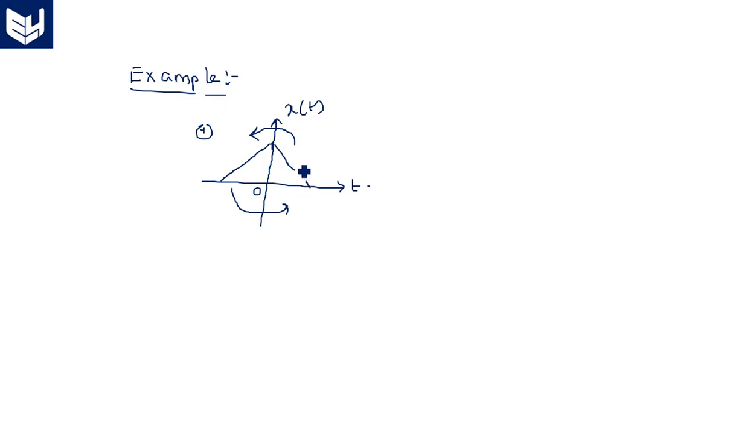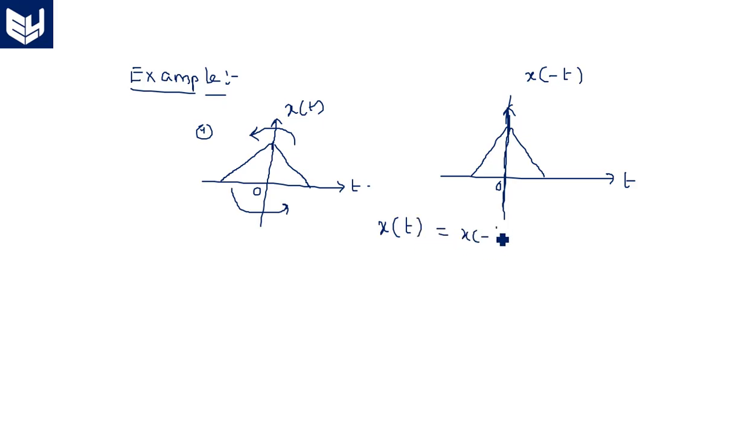Just vertically fold this, then how it appears, this is t and this will be now minus t. Minus t means I'm just folding the signal vertically along this vertical axis. What happens? The same signal appears. So here x of t is equal to x of minus t. So you can simply call this signal a symmetric signal or nothing but an even signal.